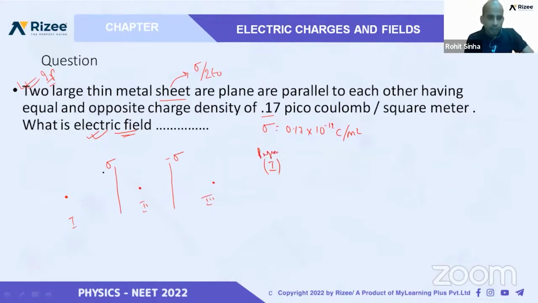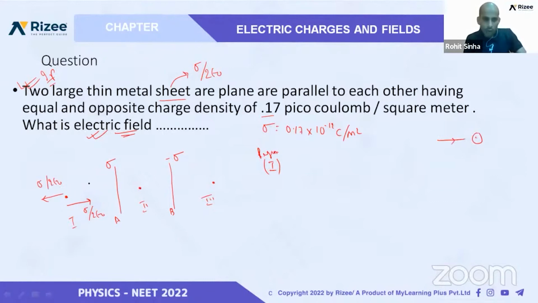Here we have the charge densities, plate A and plate B. For plate A, the electric field will be outward like this, sigma by 2 epsilon naught, and for plate B, it will be inward like this, also sigma by 2 epsilon naught, because we know that for negative charge, electric field enters into it. That's why the electric field will be inward.